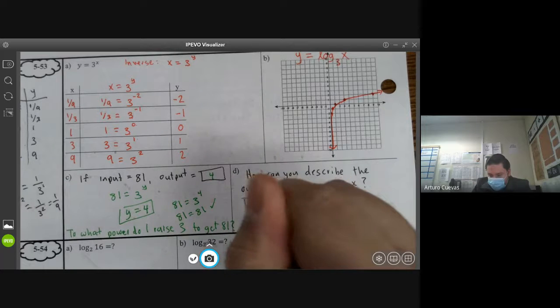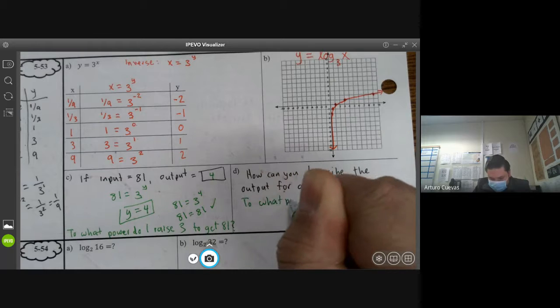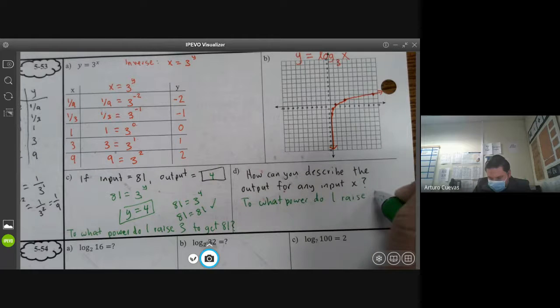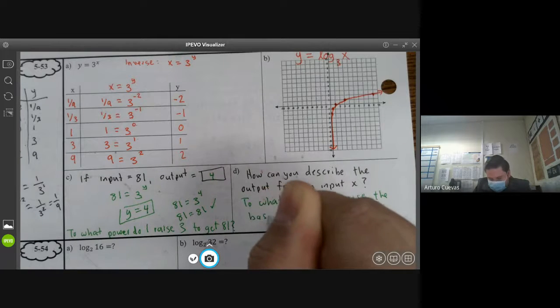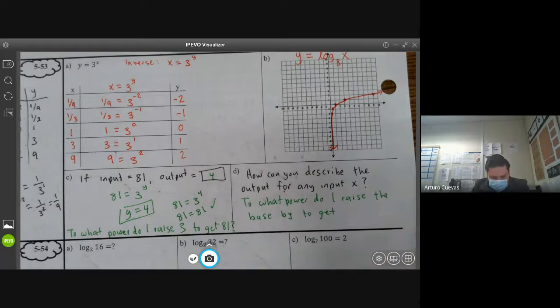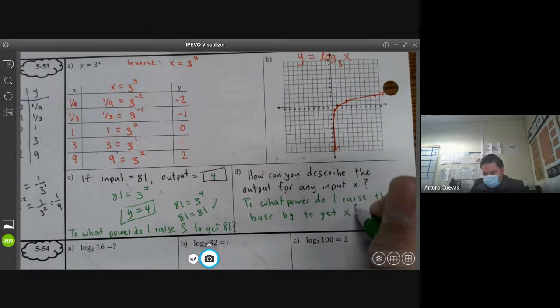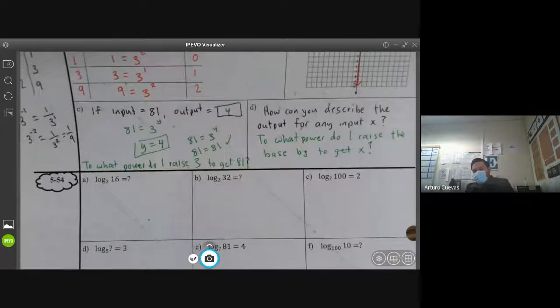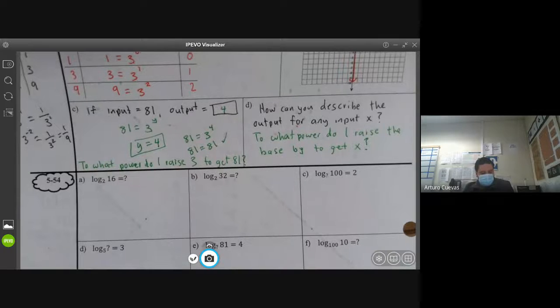So it's to what power do I raise the base by to get x? Okay. So have that written down. I know it's kind of weird looking right now, but as we go through the problems themselves, you're going to notice that they start out pretty easy.